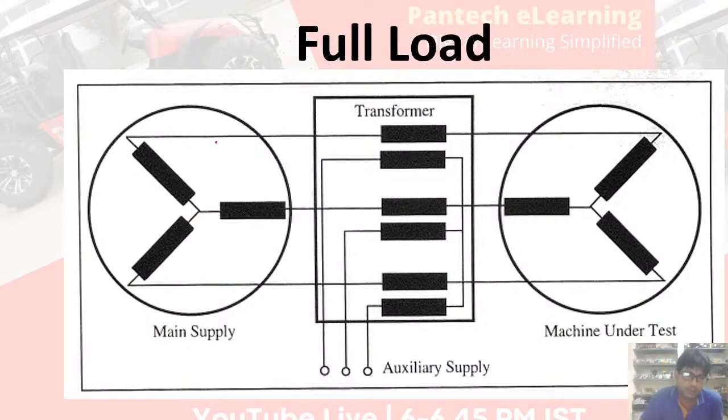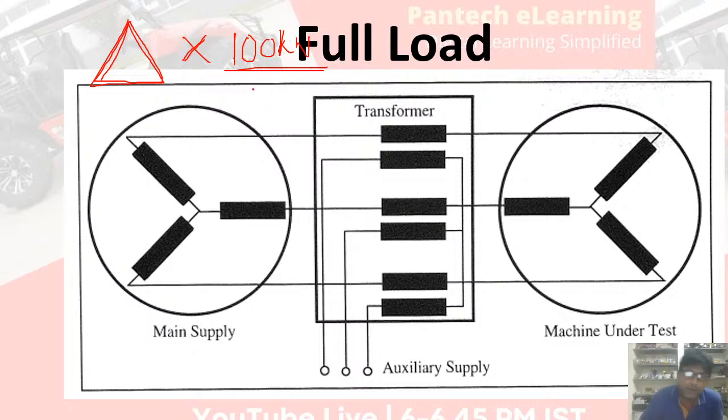The full load test. Yesterday somebody was telling about the delta connection of the stator. But delta connection in the stator is not at all advisable for high power machines. If your power is going more than 100 kilowatt, then if there is no specific reason, nobody will design the machine for delta connection.